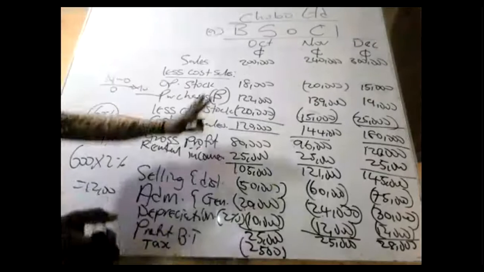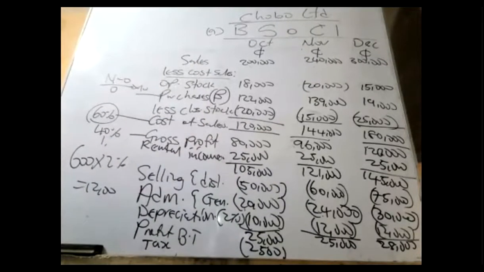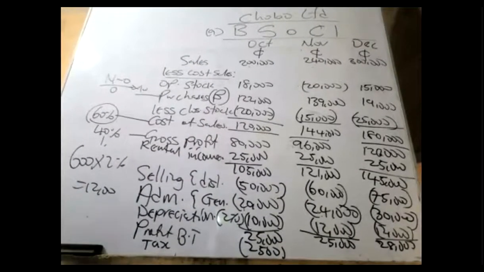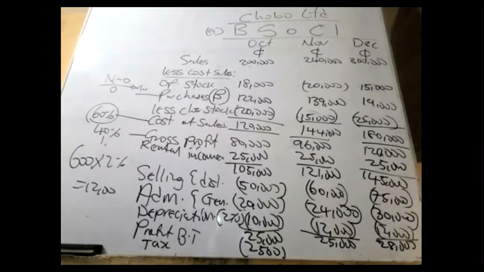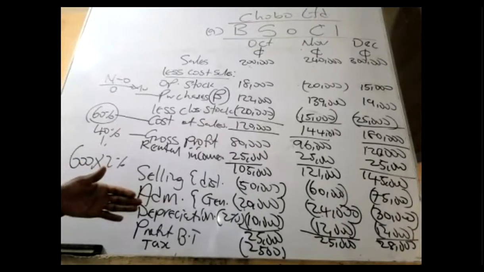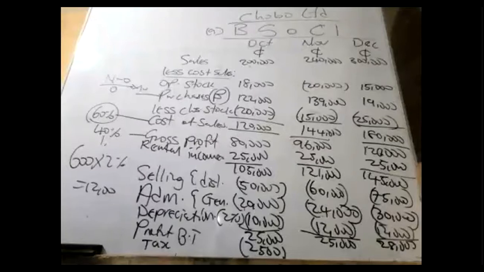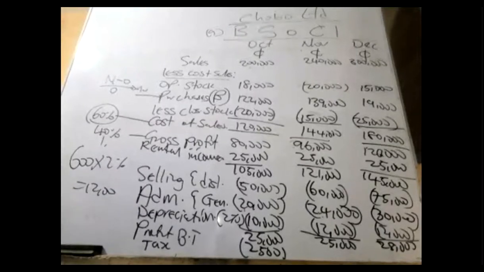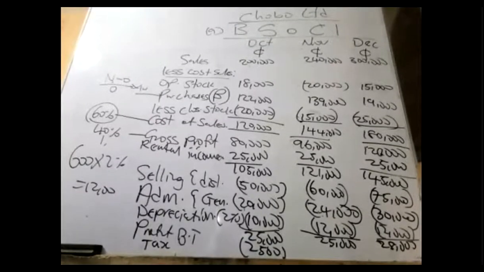Now, we are preparing profit and loss, and it must be in accordance with accounting practice. Expenses should be recorded as and when you incur them, not when you pay. The payment will come in if you are doing the cash flow statement or a cash budget, or anything with cash.